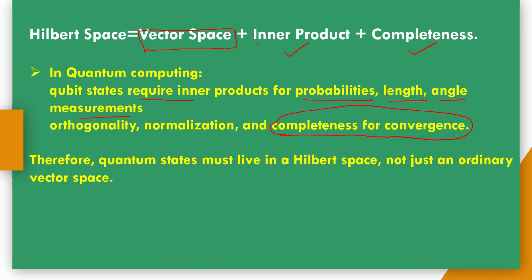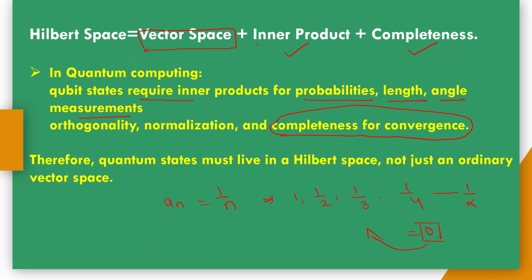For example, I take a space with the sequence 1 by n, where n is 1, 2, 3, etc. The sequence is 1 by 1, 1 by 2, 1 by 3, 1 by 4, etc. It may go up to 1 by infinity and almost reach 0. This end value of the sequence is also in the same Hilbert space. That is the theorem related to completeness.